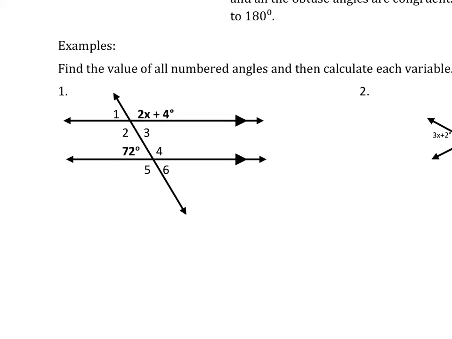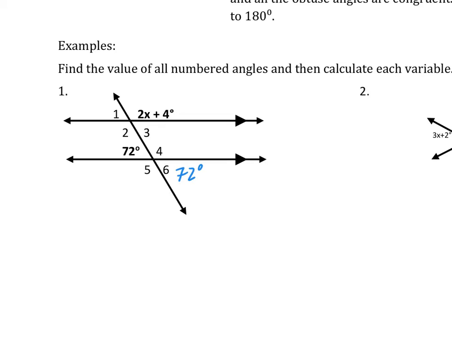But what I do know is that the 72 degree angle is vertical to angle 6. So we're going to start there. We're going to say, okay, well, 72 degree angle is vertical to angle 6. So that has to be 72 degrees as well.